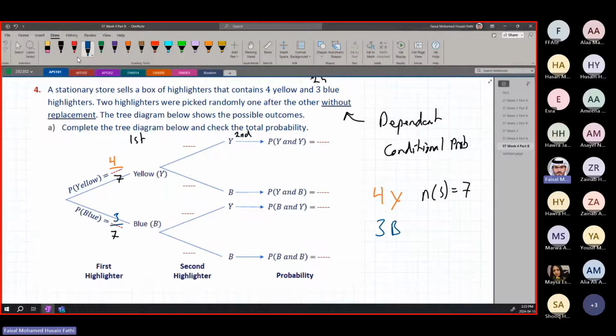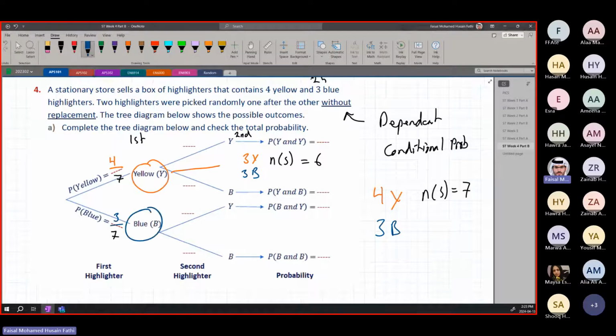Now, after picking a yellow highlighter, if we choose a first one to be a yellow highlighter, how many more yellows are left? In this case, we will be left with 3 yellow and 3 blue. So our sample space is now 6. Same thing here.